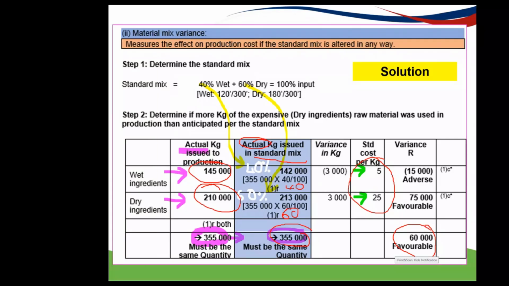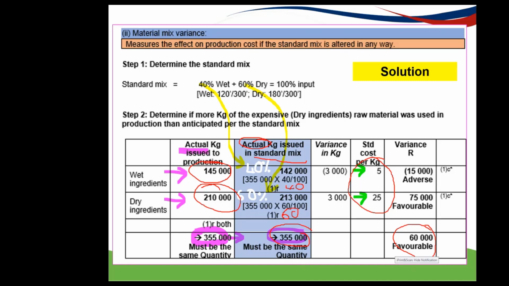So now, do I also need to take into consideration whether it was cheap or not cheap to work out if this is favorable or unfavorable, or does that not really come into the favorable or adverse part of these variances?